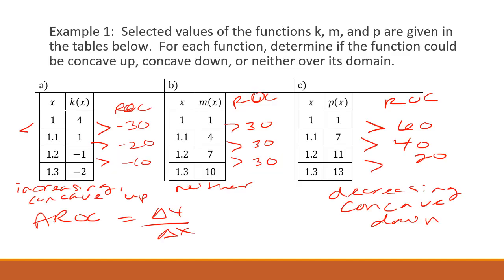Then we went over example 1, and I had you find the rates of change from each one of these. So remember, finding your average rate of change is the change in y divided by your change in x.